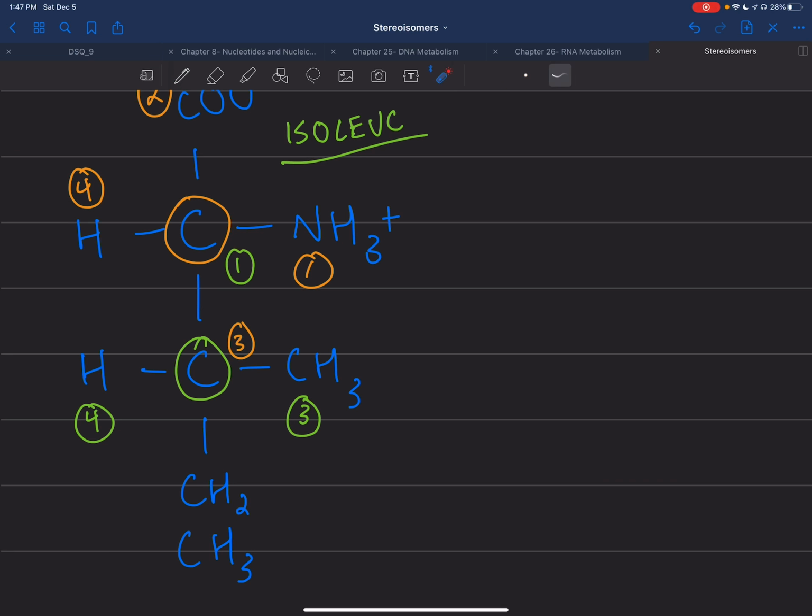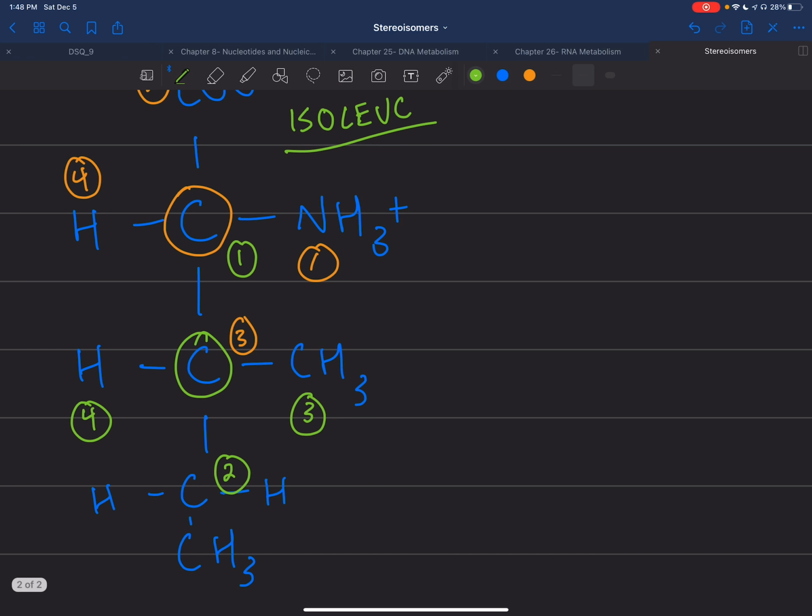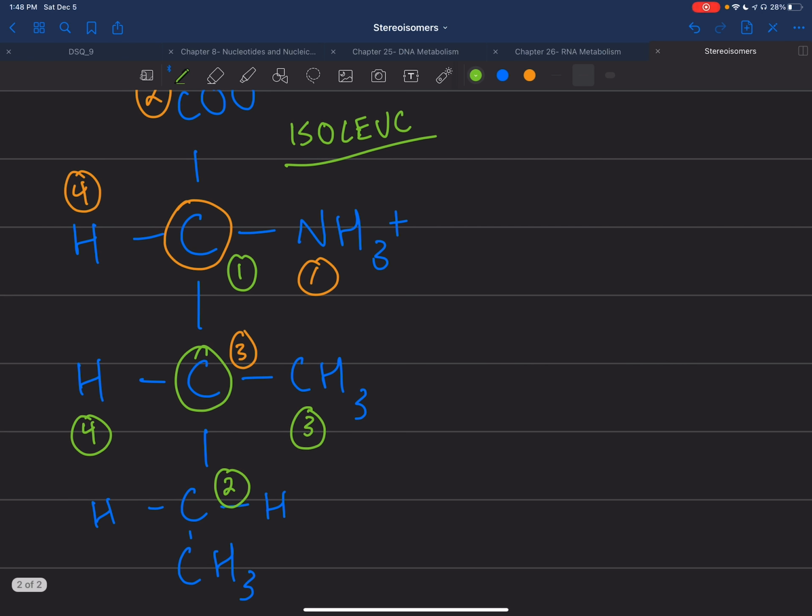And this is a carbon attached to 2 hydrogens. Let's spell that out just so it's a little easier. And attached to a carbon, so this is going to get our second position. Let's double check this. Yeah, that looks good.